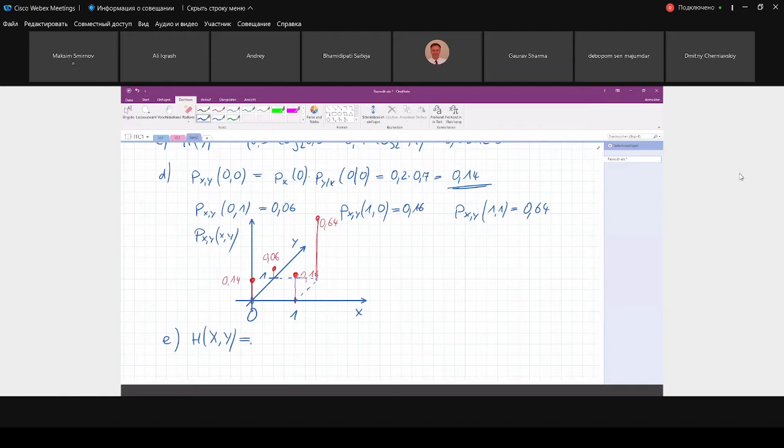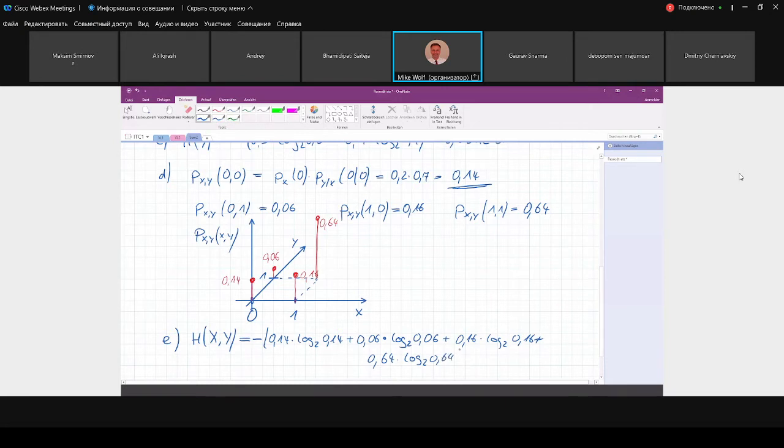Okay. Of course, we have to insert just these probabilities we calculated before. So it is the minus sign, then 0.14 times log 2 of 0.14, plus 0.06 times log 2 of 0.06, plus 0.16 times log 2 of 0.16, plus 0.64 times log 2 of 0.64.